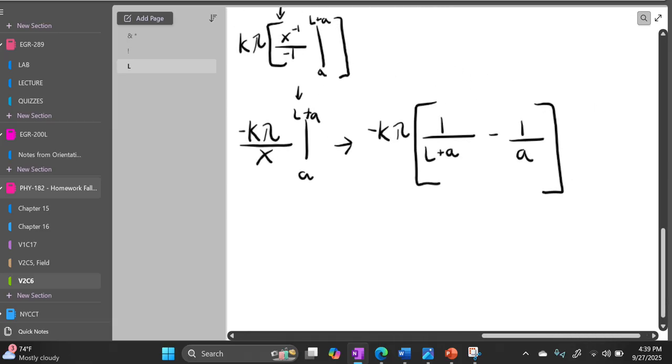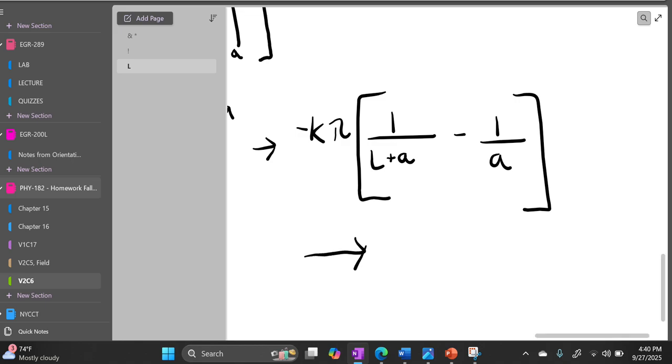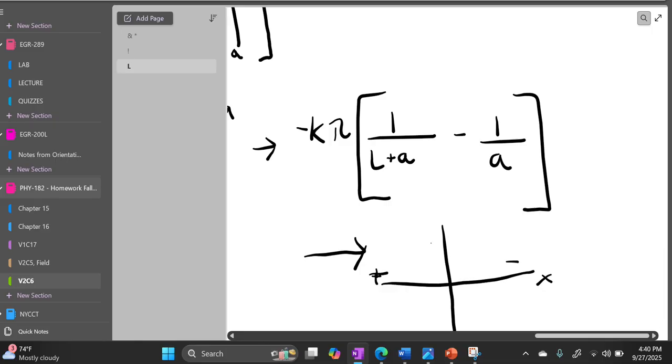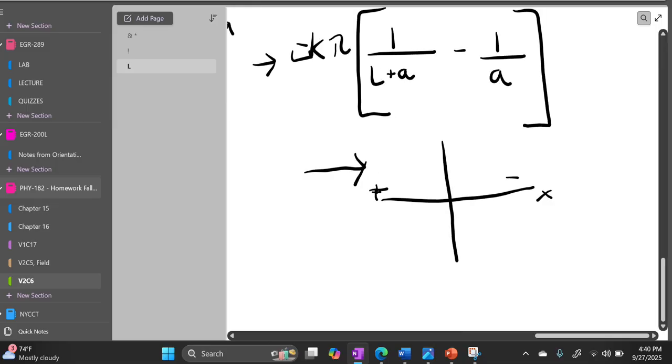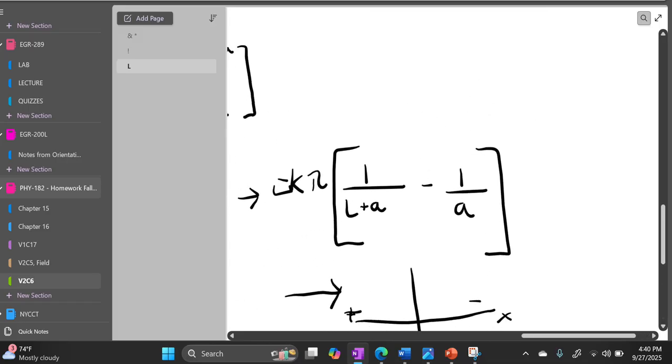If it's a positively charged line charge, then the direction of the field lines is going to be to the right. And if we say that the x-axis that way is negative and this is positive, as we described earlier, then it's negative. And if it's a negative charge, then the field lines will go that way and it'll be in the positive x direction with that notation, just keeping consistent.